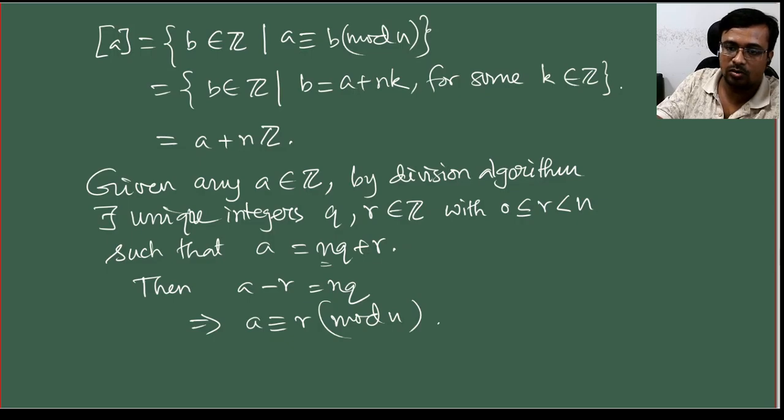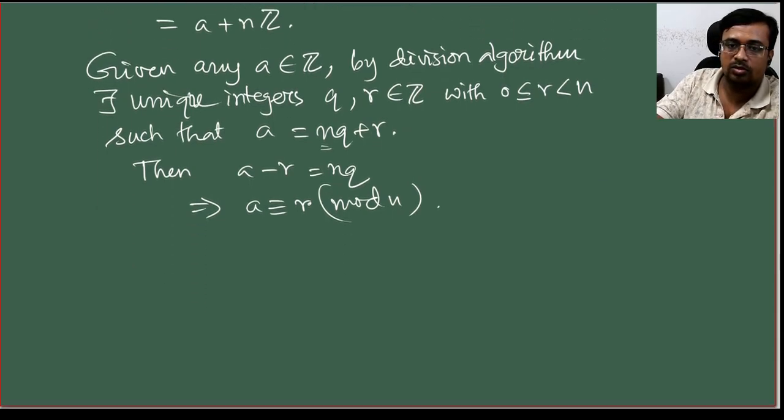So now, how many choices of residue r can you get? Exactly 0 up to n minus 1, right? So therefore, any integer is congruent to r mod n, where r lies between 0 and n minus 1.